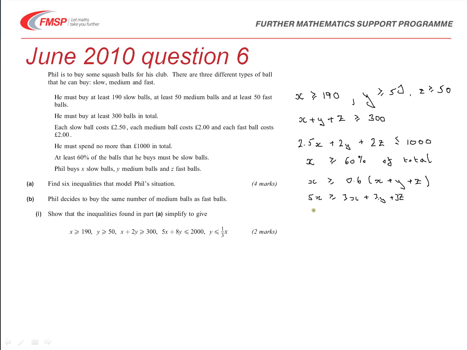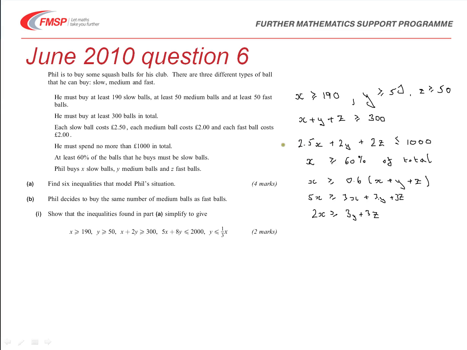Taking away the 3x, that gives us 2x greater than or equal to 3y plus 3z. If we wanted to, we could also simplify the cost inequality, the 2.5x plus 2y plus 2z, to get rid of the decimal by doubling everything.